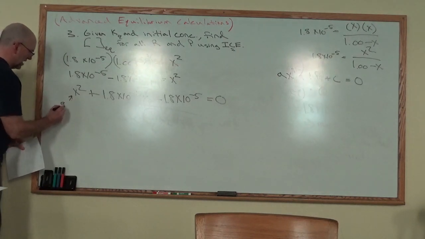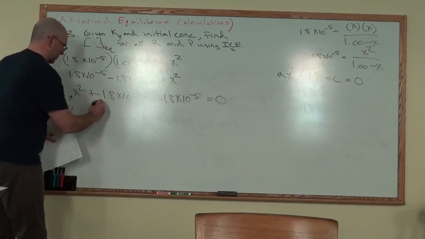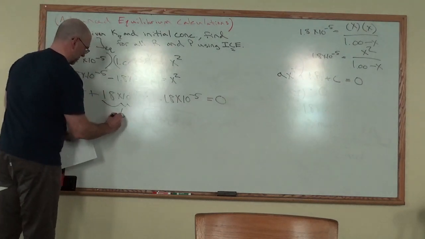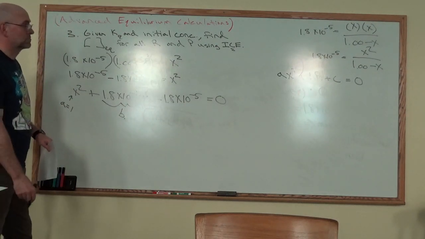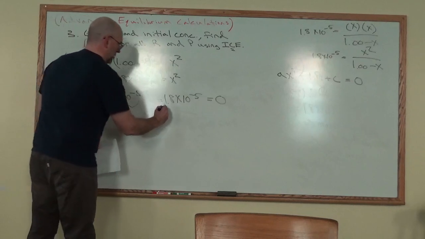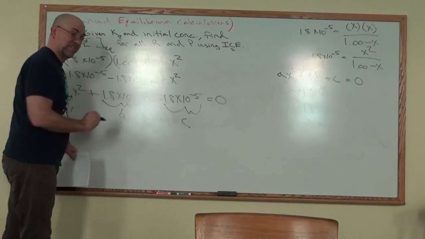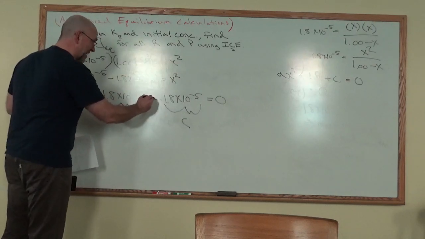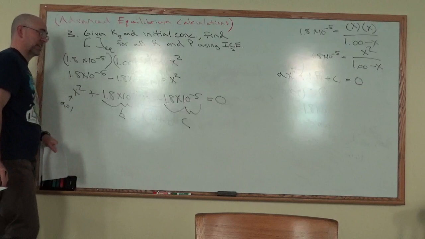So a equals 1. That's b. And that's c. The negative matters. C is negative 1.8 times 10 to the minus 5. B is positive 1.8 times 10 to the minus 5.